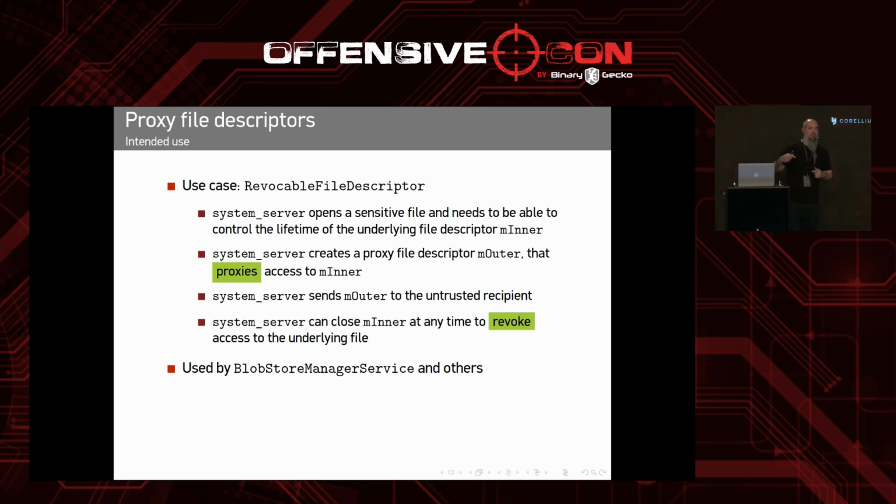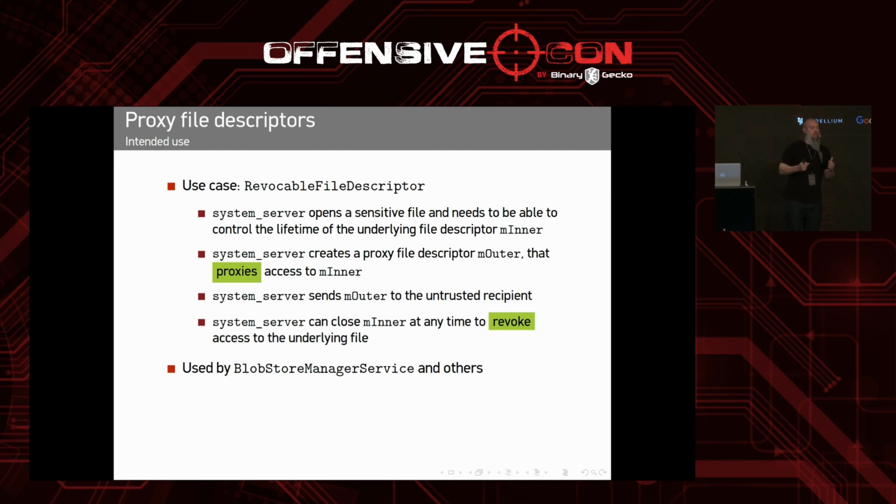So if system server closes the file, it still remains open until both ends actually close it. So what happens is that system server creates a proxy file descriptor and sends it over to another application, and all callbacks of the proxy file descriptor act as a bridge, let's say, to the sensitive file descriptor.